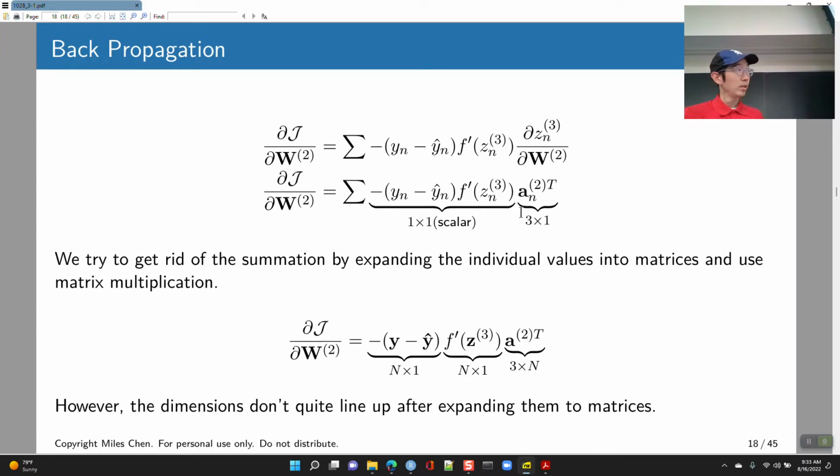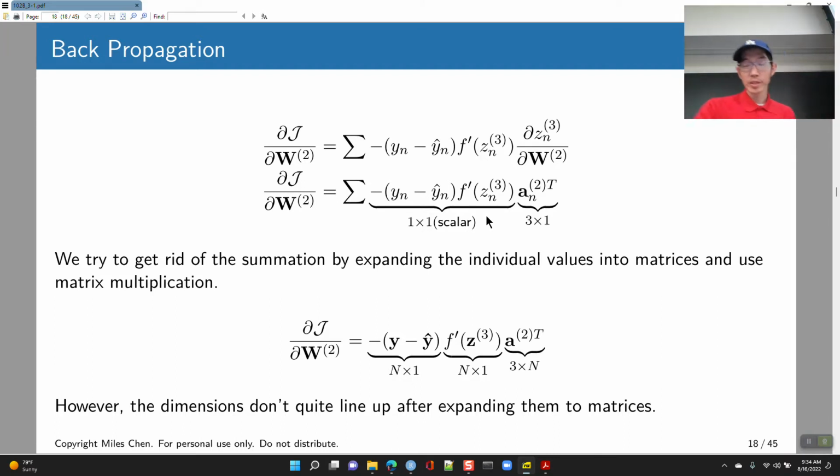That's fine. We have a summation, and we could stop here and this would be correct. But we can also take advantage of the fact that when you do matrix multiplication, depending on how you have these things aligned, you can do the summation.